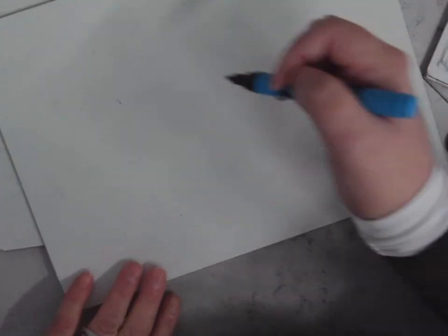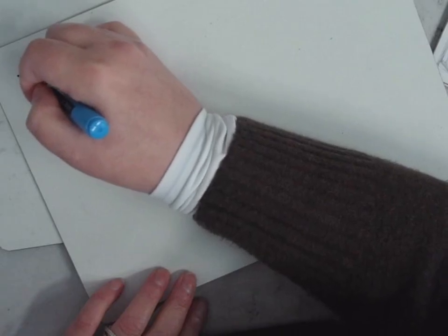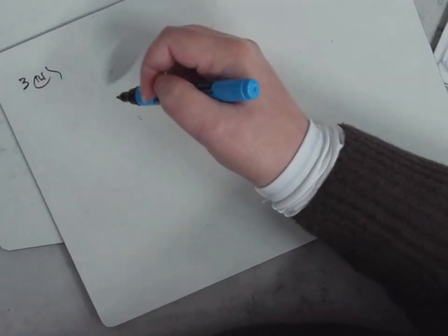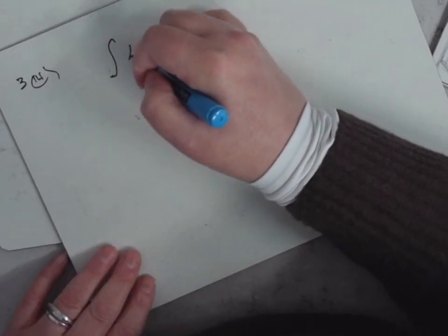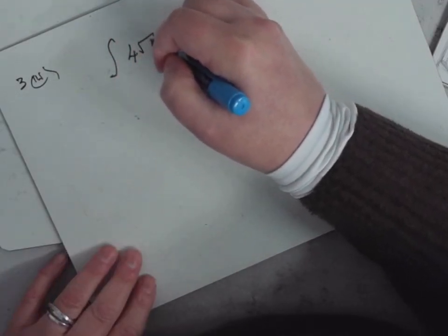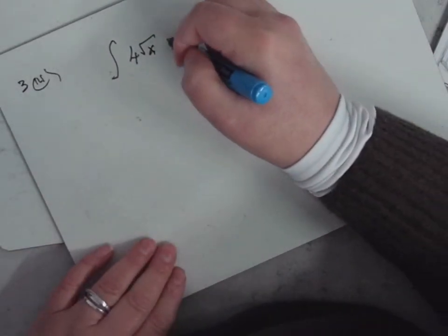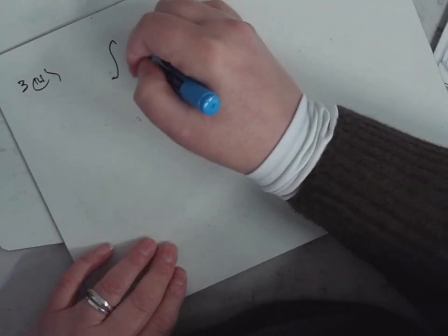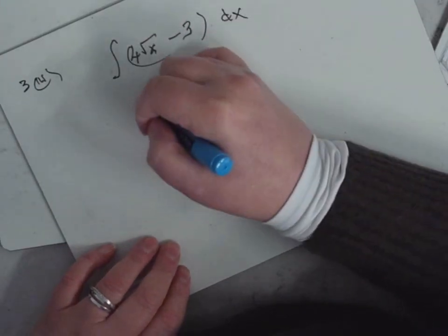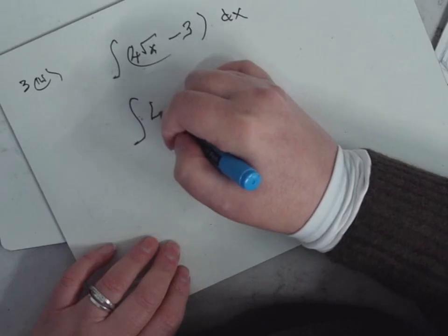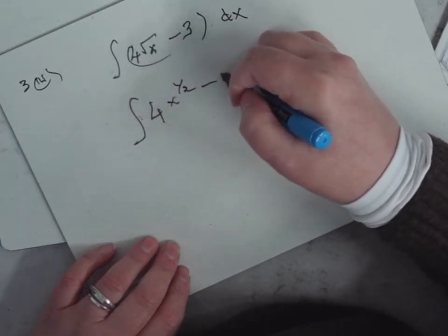Right, okay. So 3 part 3 before I move on. So 3 part 3 is the integral of 4 root x minus 3, dx. Thanks for not talking when I'm talking because it's all been recorded. So you need to write that as 4 times x to the power of a half minus 3.